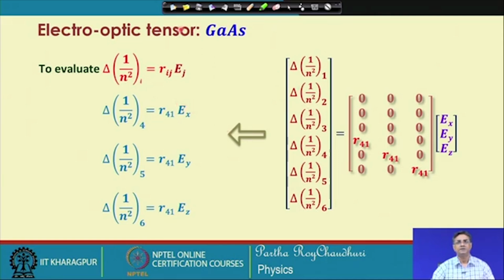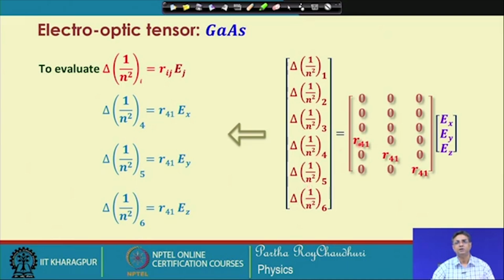Let us take this gallium arsenide example. By multiplying this with this equation, I can isolate each of the components, and you can see that delta of 1 by n square 4, 5 and 6 are non-zero.